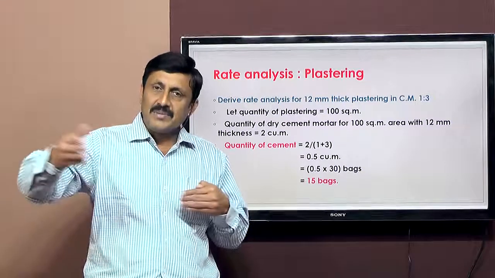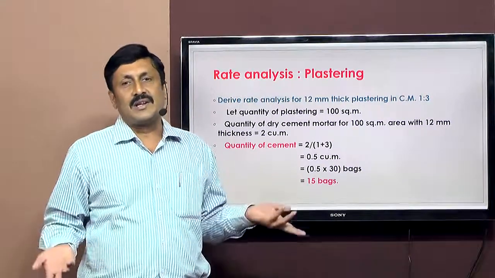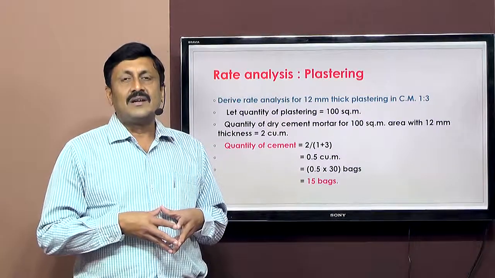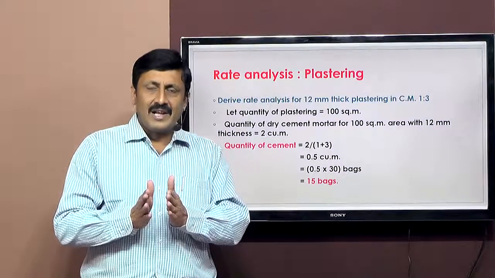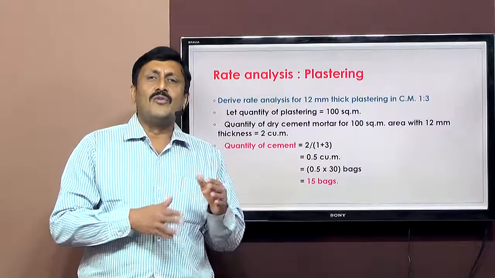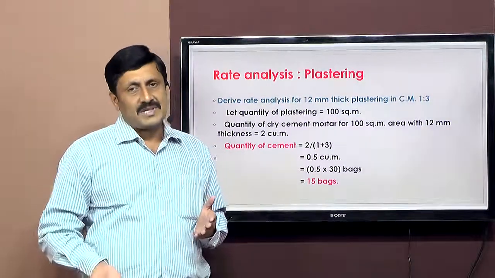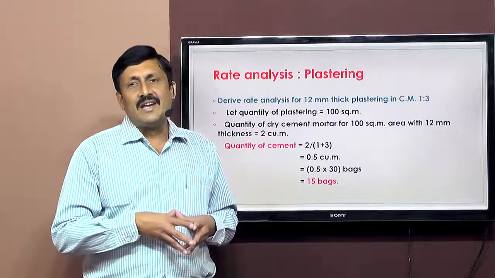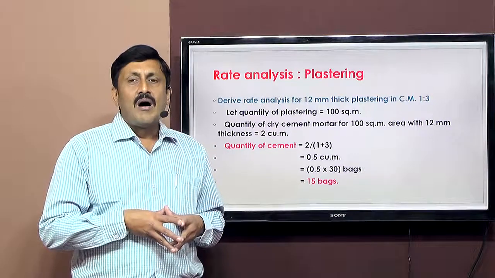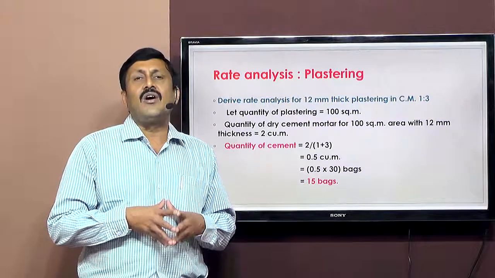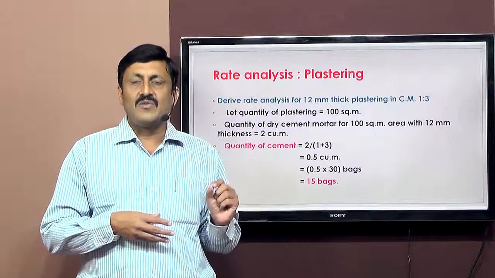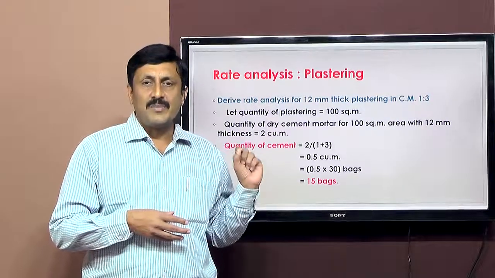If it is a running meter based or lengthwise item, then you have to take the length as 100 meters. Basically in rate analysis we are going to focus only on volumetric and area based items. Plastering is an area based item. So let us start with the assumption that the quantity of plastering is equal to 100 square meters.